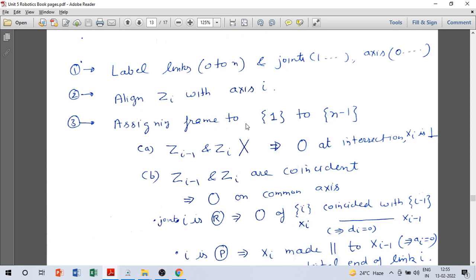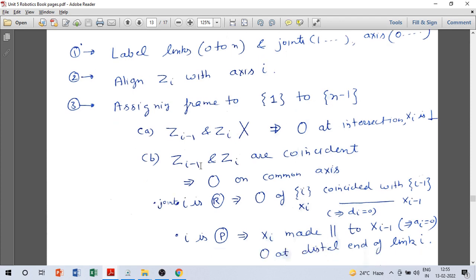Assigning frames 1 to n minus 1, those are intermediate frames. There are different scenarios here. Scenario A: if z_{i-1} and z_i intersect, then the origin of frame i will be at the intersection of these two, and x_i will be perpendicular to these two.